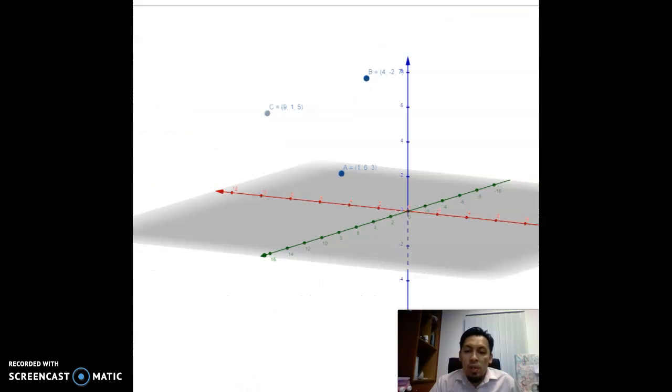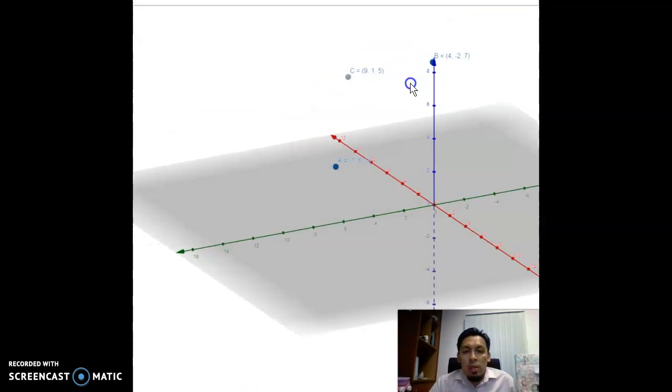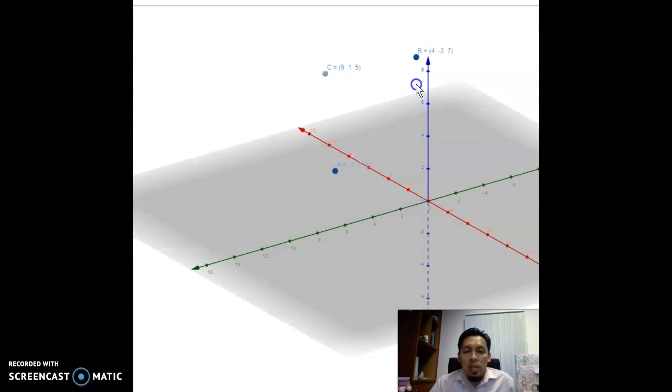Okay, so now this is C <9, 1, 5>. Now when you subtract C with the origin, which is (0, 0, 0), of course you are going to get the same thing, which is <9, 1, 5>.